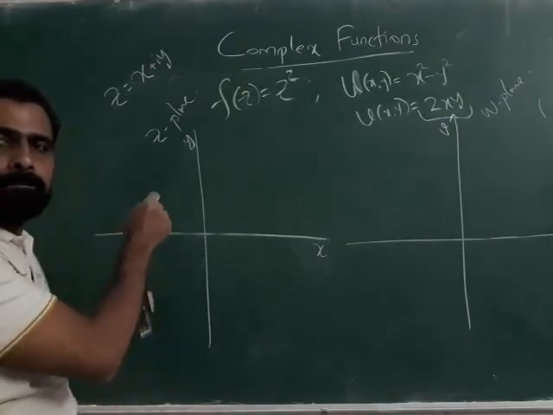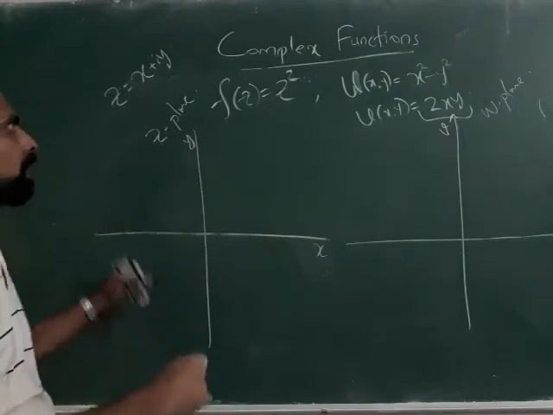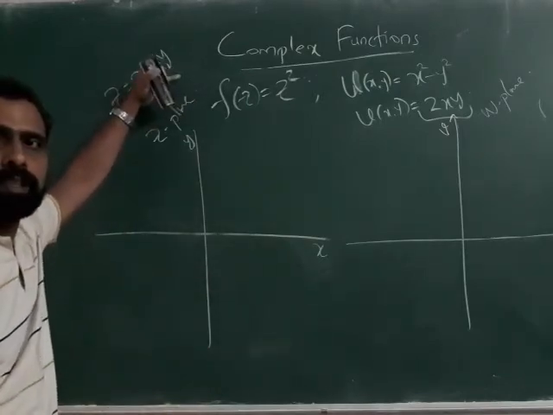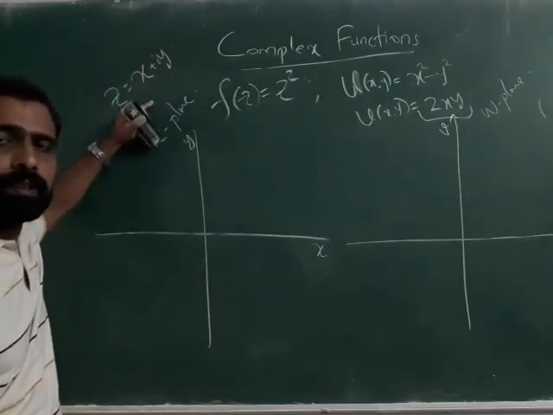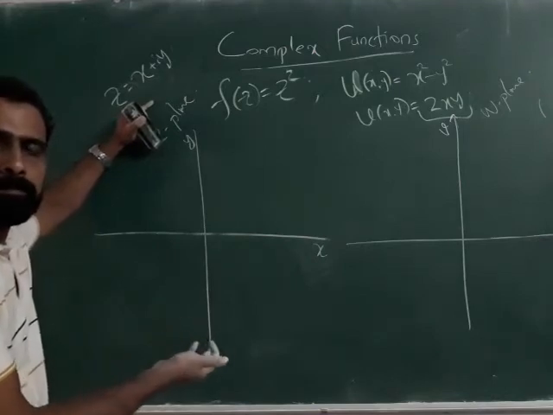You want to make the locus of points having z equal to x plus iy. Basically you have an infinite number of points depending upon x and y.